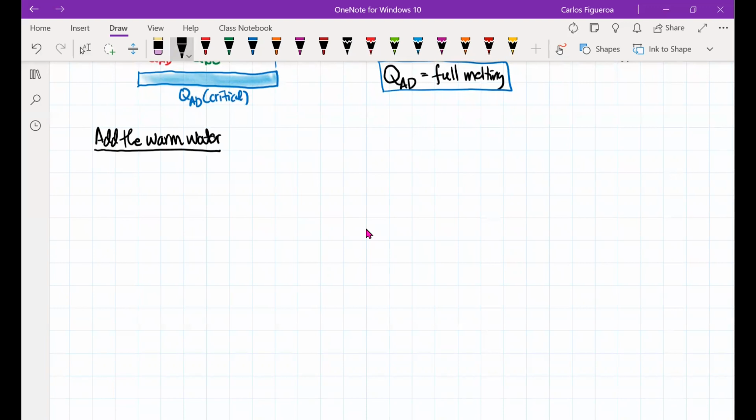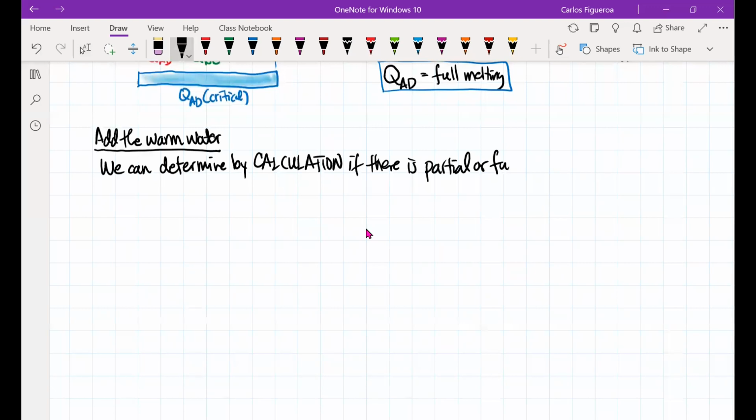So now what we find here is that we can determine by calculation if there is partial or full melting, by comparing two energies or two heatings.